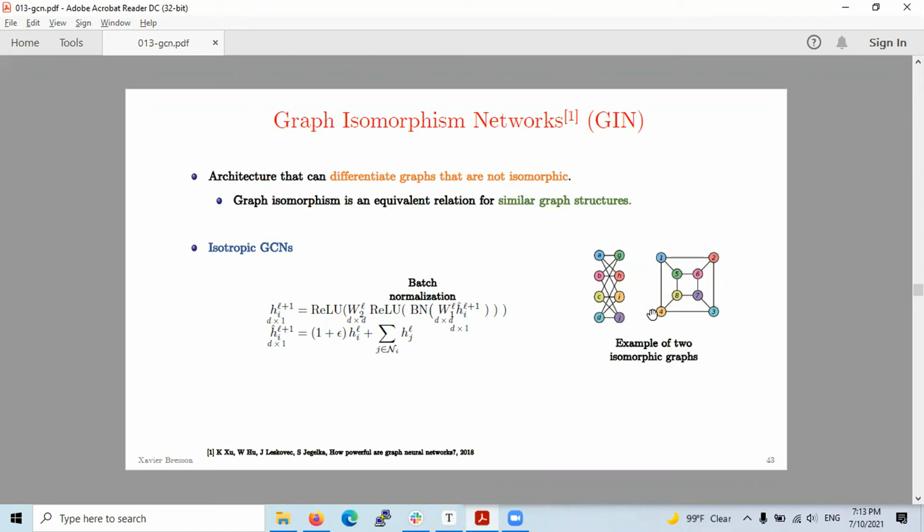Isomorphic graphs are graphs which have similar relative connections and similar locations of nodes. And here he says that when you start applying batch normalization and ReLU, the nonlinearity, this again preserves the isomorphism in the networks itself.